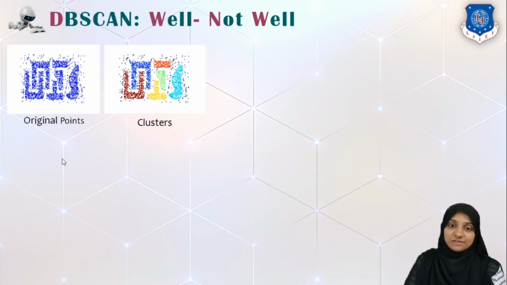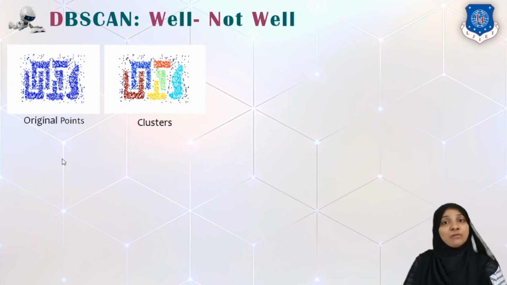Now, in what scenario is DBSCAN good to use and in what scenario is it not? If your points are distributed in an arbitrary shape, which is not even spherical, then we must go with the DBSCAN algorithm.